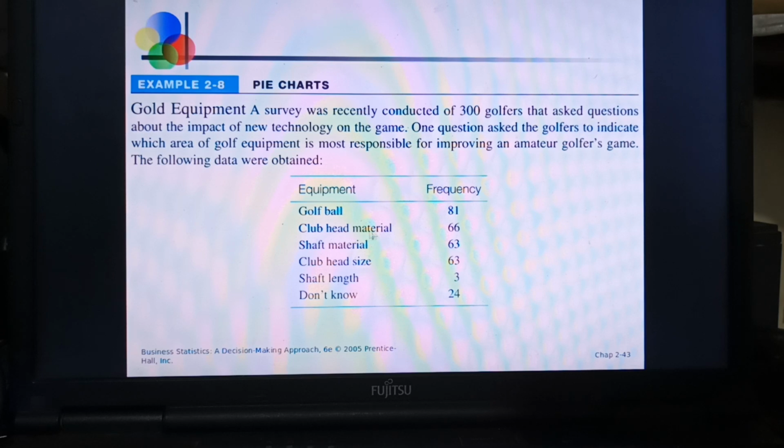Then club head material 66, shaft material 63, club head size 63, and shaft length 3. And the rest, 24 respondents, said they don't know.